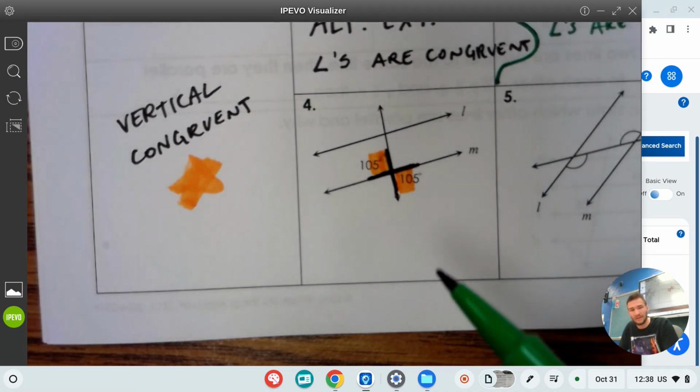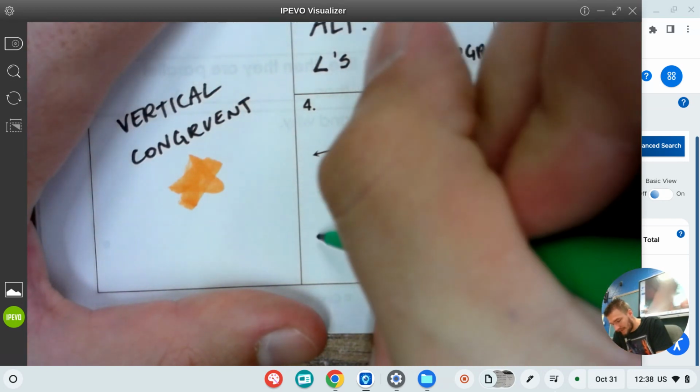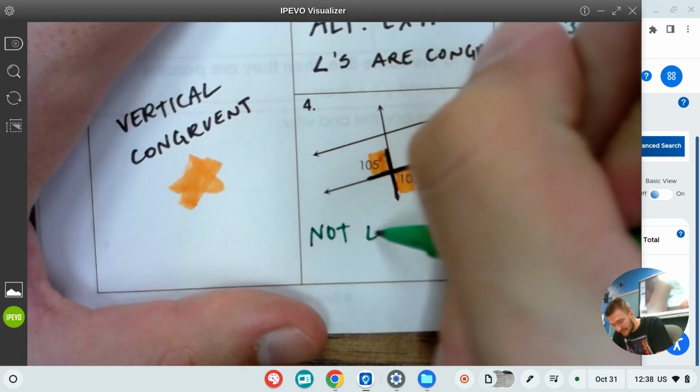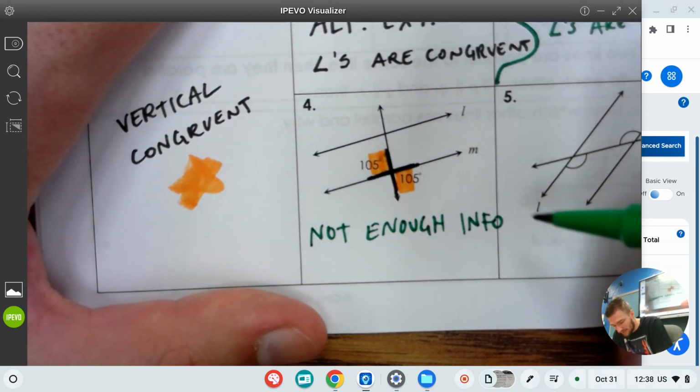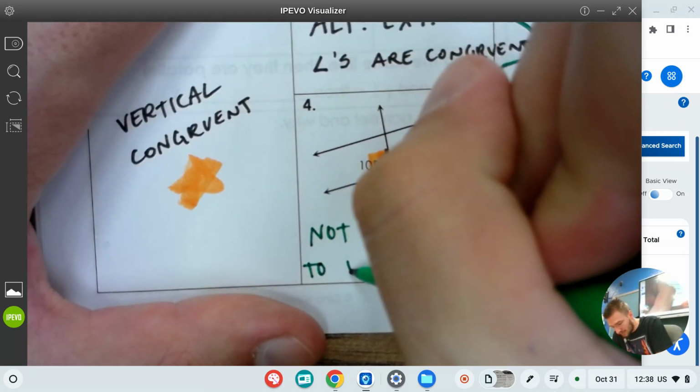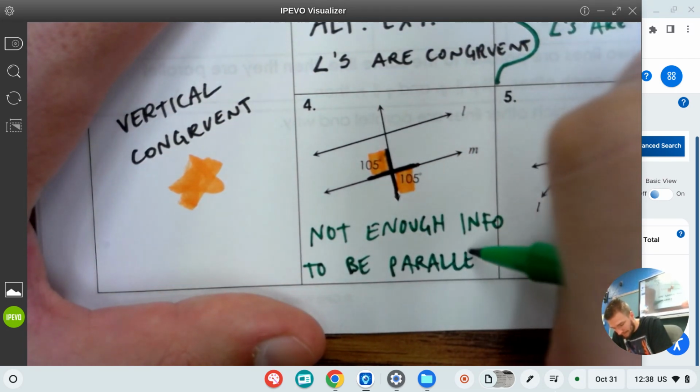So here's what's up with these ones: not enough info to be parallel.